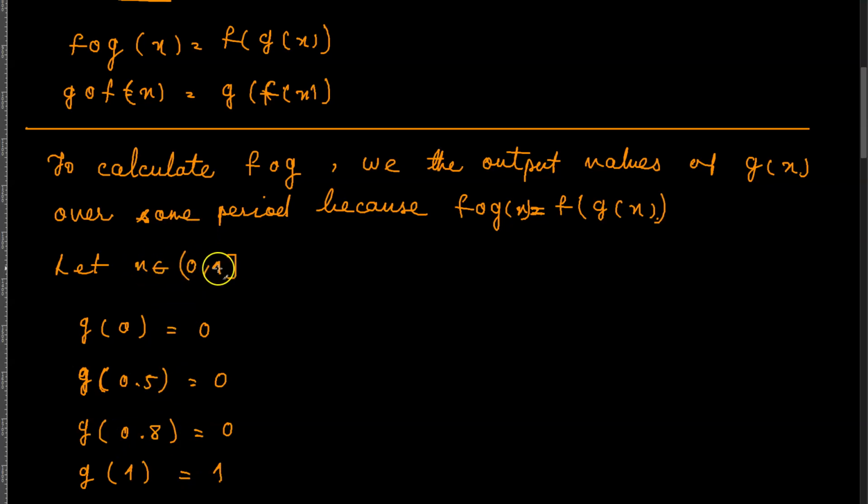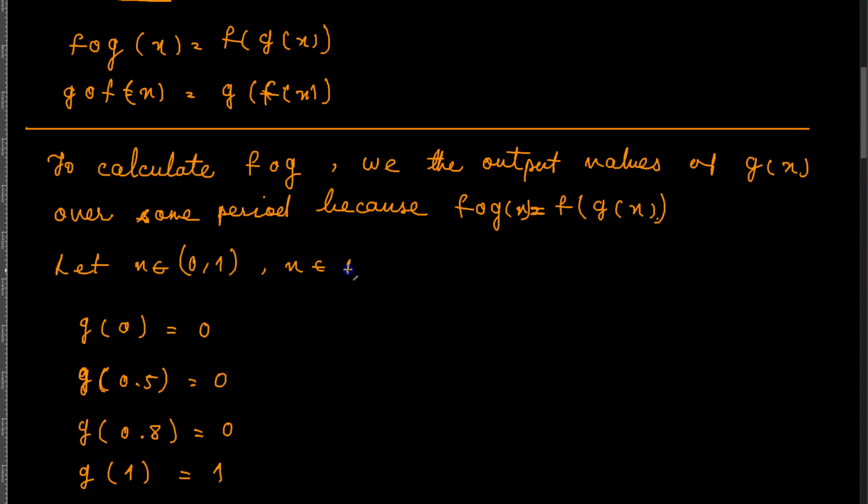So what I'm going to do is say that x belongs not to this interval, but to the interval 0, 1, not including 1. I'm going to say that x belongs to 0, 1, not including 1, only the values between 0 and 1 in the real numbers.